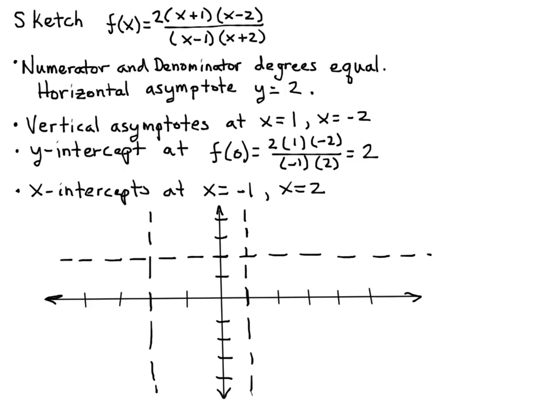But here I have my horizontal asymptote at y equals 2. I have my vertical asymptotes at x equals 1 and x equals negative 2. And then I'm going to plot my roots here, or my intercepts, at negative 1, 2, and 2.